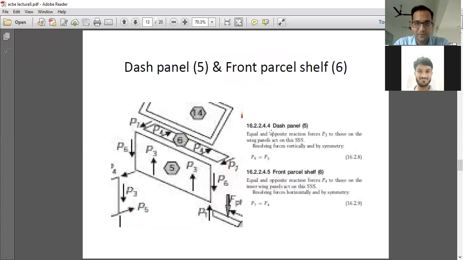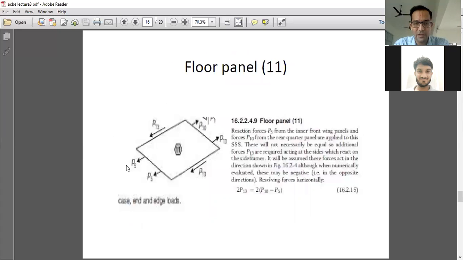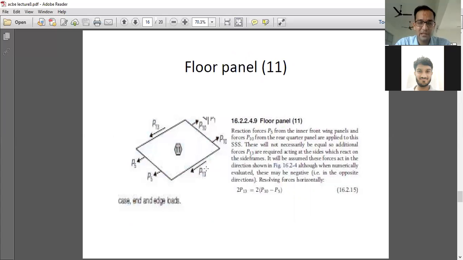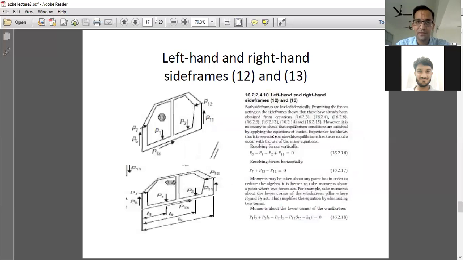We can say there are profile loads P5, P10 and P13. So as I make an equilibrium equation of forces, what is going to happen? 2 times P13 plus 2 times P5 is going to be equal to 2 times P10. So P13 is going to be equal to P10 minus P5. This is the condition for the floor panel.